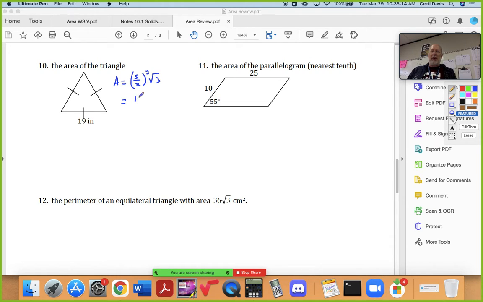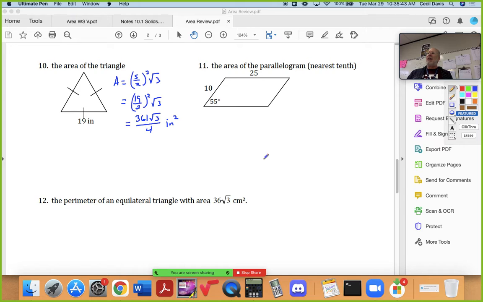So that's going to be 19 over 2 squared times the square root of 3. So 19 squared is 361 times the square root of 3 over 2 squared, which is 4. So you can't divide 19 by 2 first. If you do, you'll get a decimal.